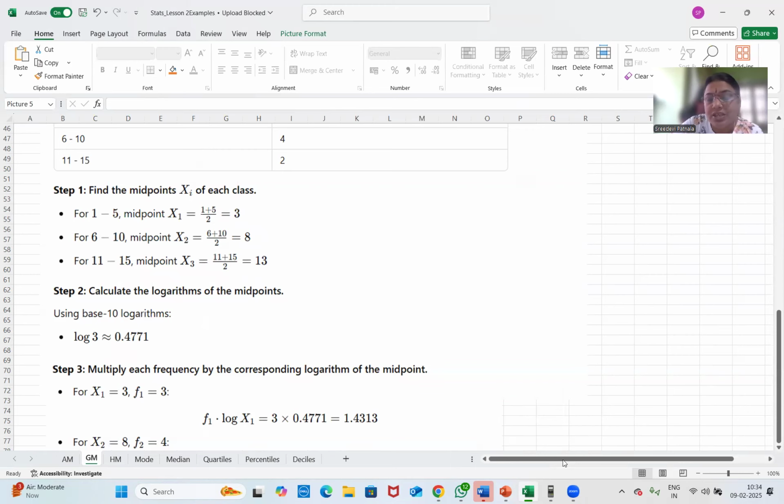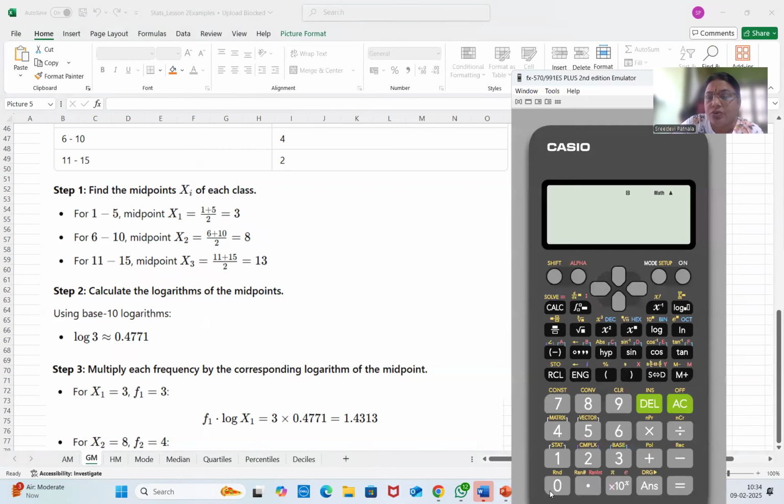So let's use the calculator again. Where is the log here? No need of the shift key or anything, just press this button, log. What is the value for the first midpoint? 3. So you type 3, close the bracket, and press equal to.